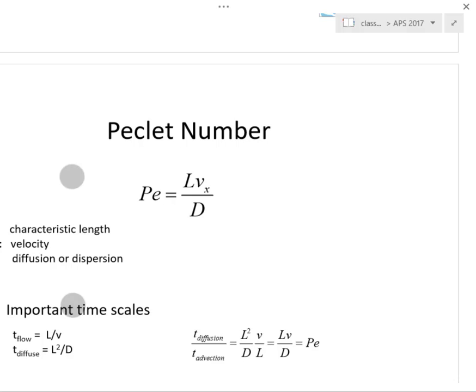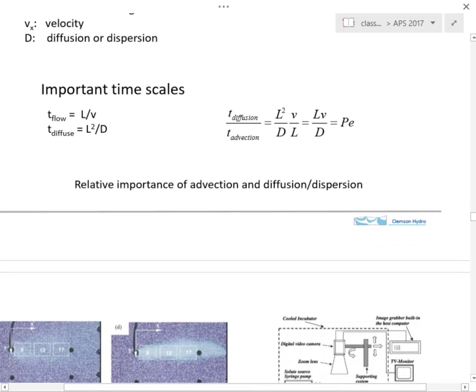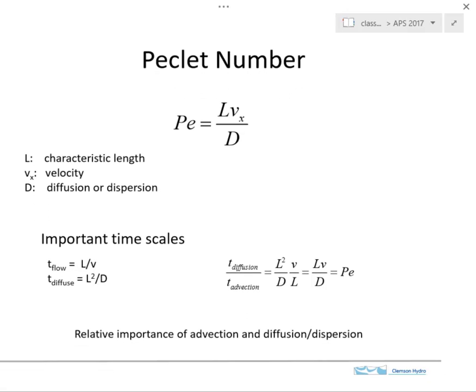And so one good way to characterize that is using the Peclet number. So what we can say is that the velocity of advective transport is just v. So the time scale for advective transport is going to be the travel distance, or some kind of characteristic length, divided by the velocity.